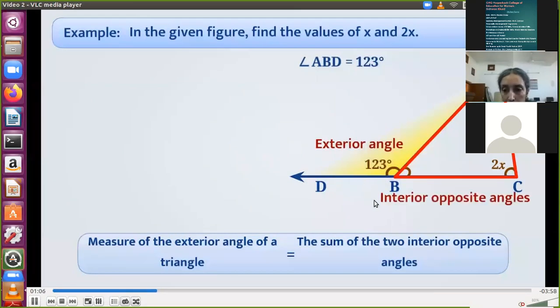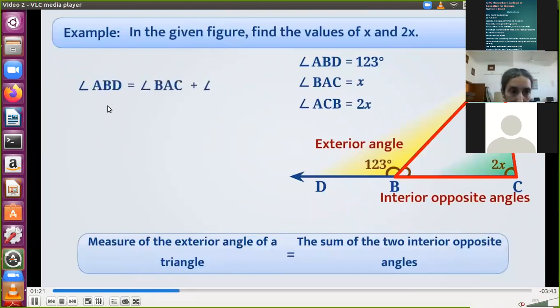Now the interior opposite angles are given here. Angle BAC and angle ACB, these two angles are interior opposite angles, and now we are going to apply the property. We know that angle ABD is equal to angle BAC plus angle ACB. We will put the values of all the angles, and by putting the values, we will find x. So x comes out to be 123 divided by 3.